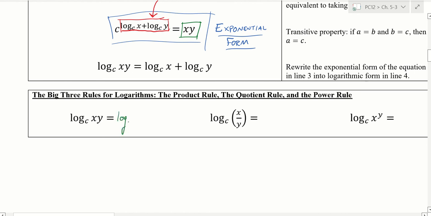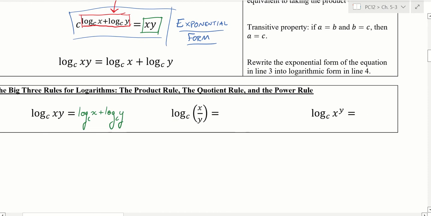So log base c of x plus log base c of y, and then we might start to think about what might make sense for a corresponding quotient rule, right? If the logarithm of some product is really just the sum of the logarithms of the factors, then the logarithm of a quotient, well, that shouldn't really be a sum, right?